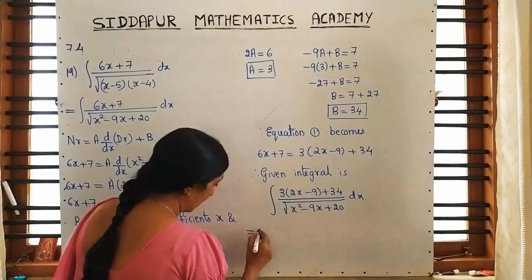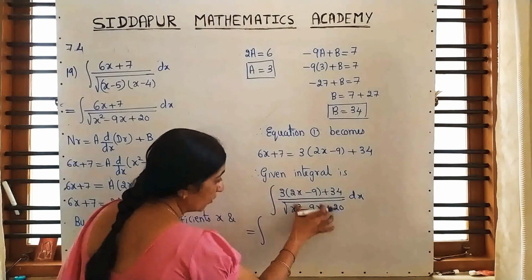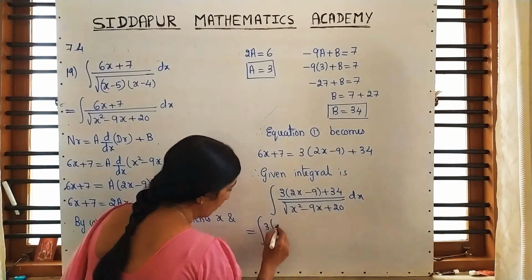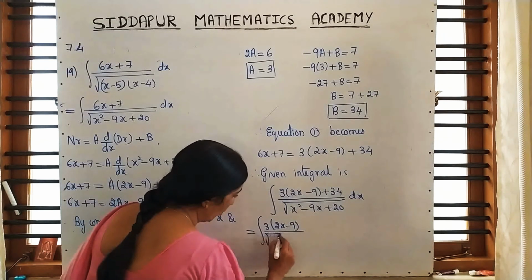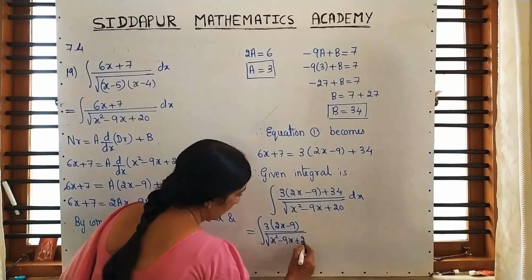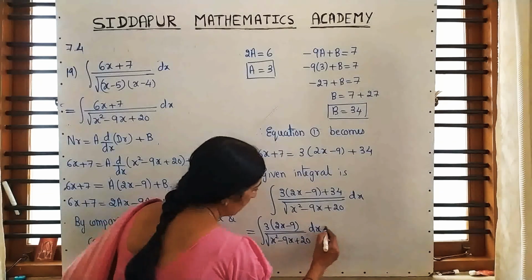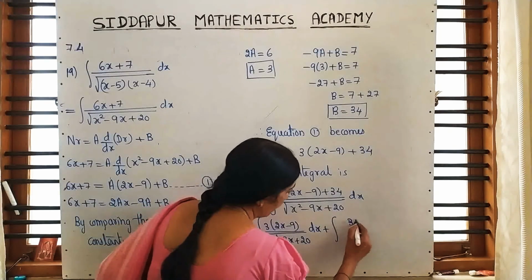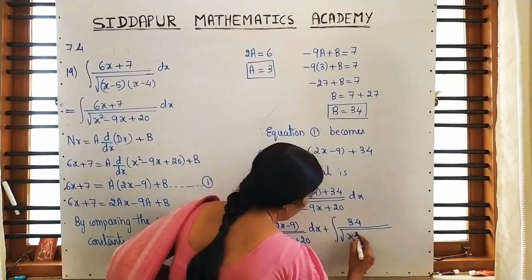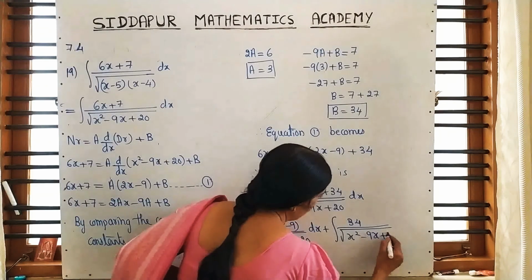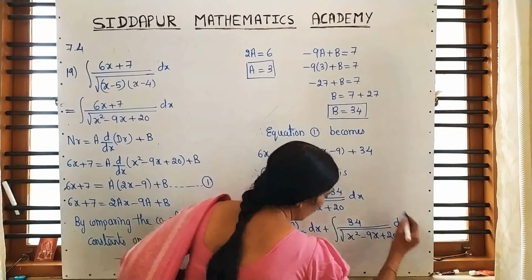And you are familiar. We are writing the denominator separately with integration sign. 3 times integral of 2x minus 9 upon root of x square minus 9x plus 20 into dx plus 34 upon root of x square minus 9x plus 20 into dx.